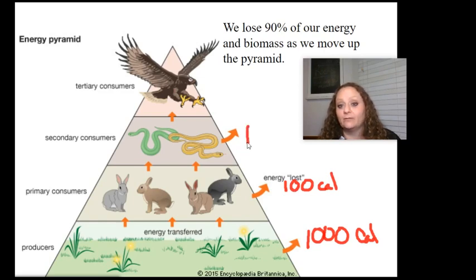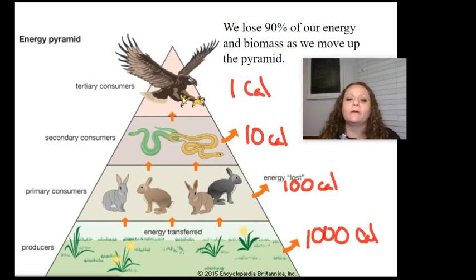That means this level only retains 10 of those calories because the other 90 are lost. And this level is only going to retain 1 of those calories. So for every calorie that a tertiary consumer needs or becomes part of the tertiary consumer's body, we have to have 1,000 calories of energy available at the producer level.